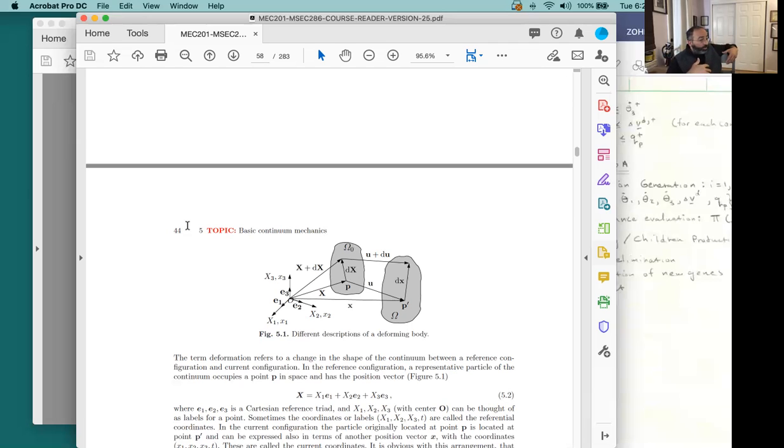But most of it would be hard to believe that you've seen it unless you've had a specialized class as an elective, for example, a class like 185 in the mechanical engineering department. There's a class called 185. It's undergraduate continuum mechanics. It's also, I think, cross-listed as 287, as a graduate class. It's a phenomenal class. It goes into extreme depth.